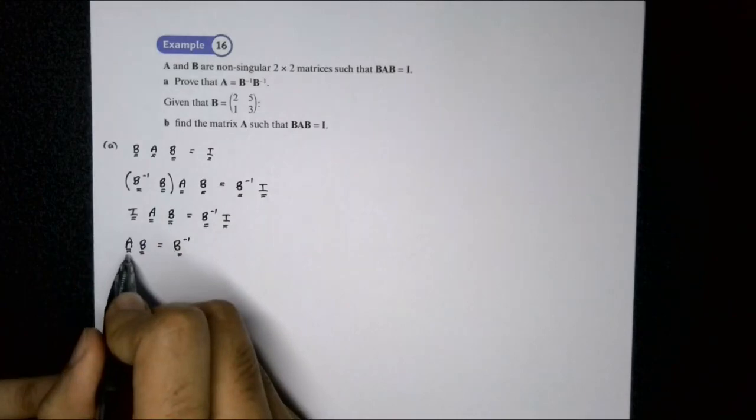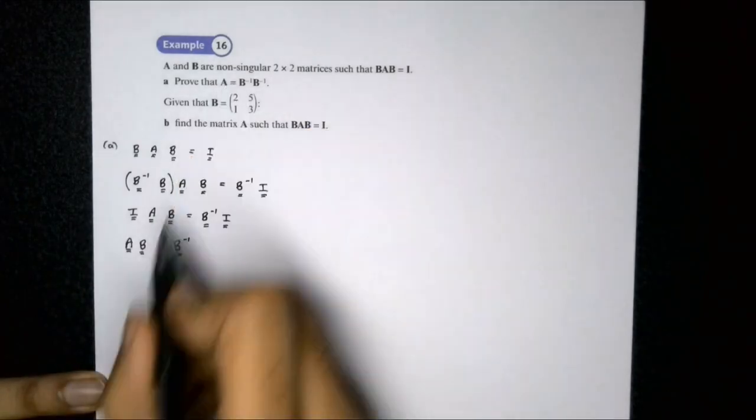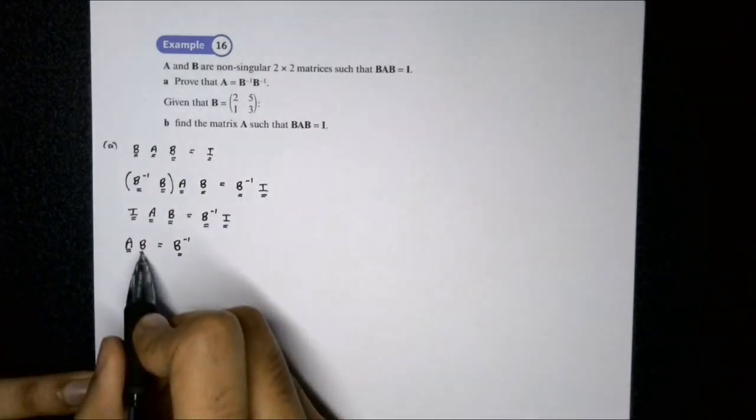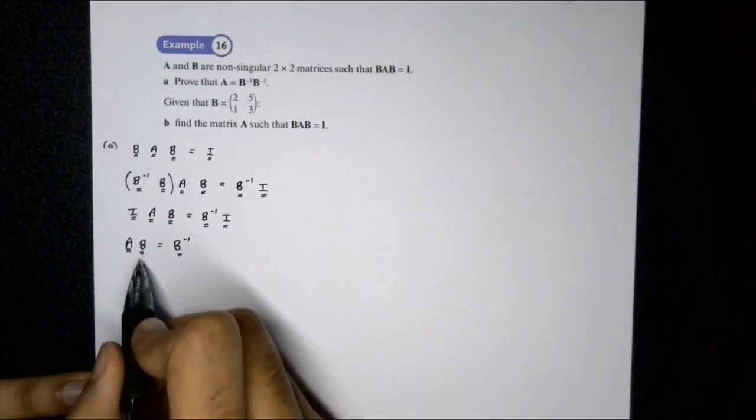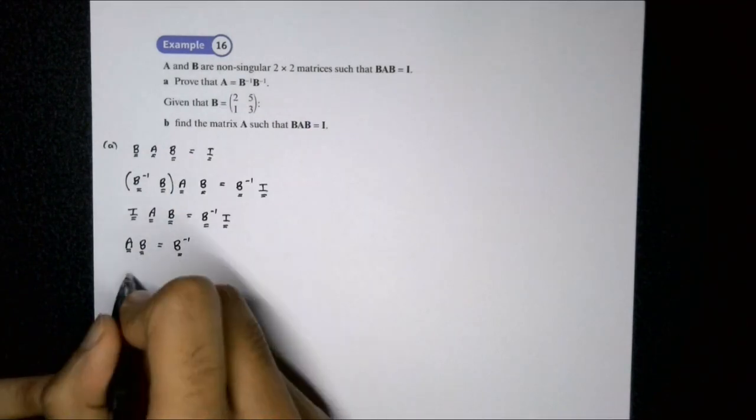Now again, our goal over here is to get A by itself. We can't just divide both sides by B. Instead we'd have to take the inverse of B on both sides.